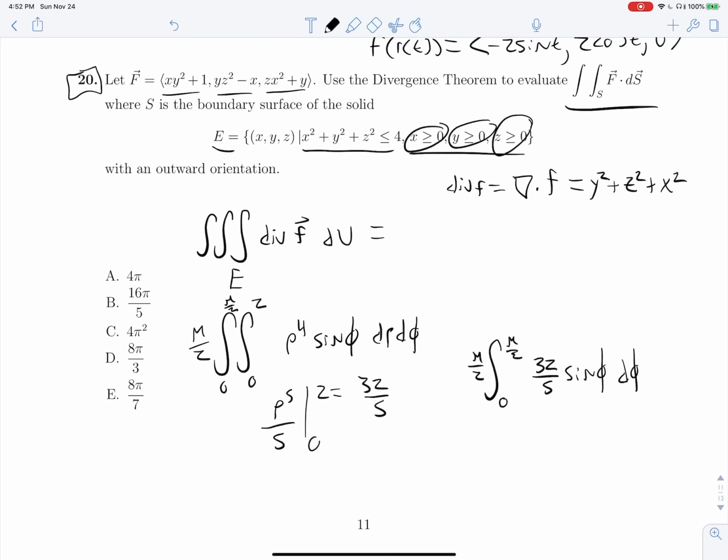Let's move this out here, that might be easier: 32 pi over 10. This is going to be negative cosine of phi from 0 to pi over 2. This gives us 1 times 32 pi over 10, which is 16 pi over 5. And we're done. Thank God.